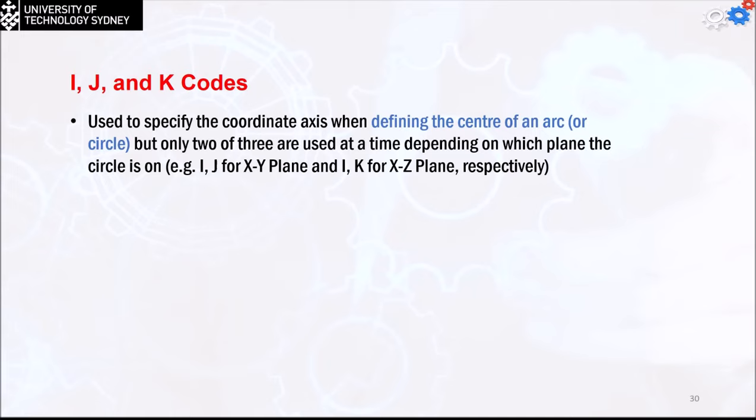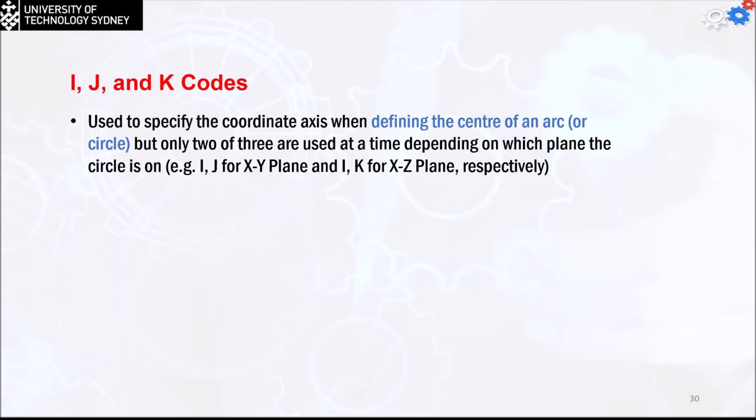But only 2 of 3 are going to be used at a time, depending on which plane the circle is going to be on. So I and J are for the XY plane, and this will define the values for the X and the Y on the plane. I'm going to use the I and the K if I'm going to use the X and Z plane respectively.